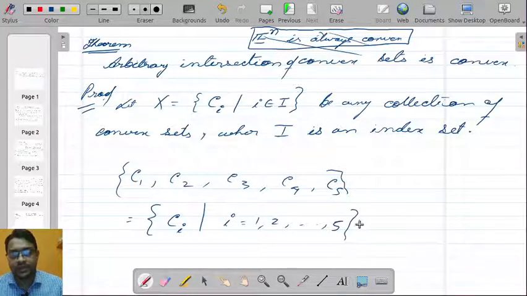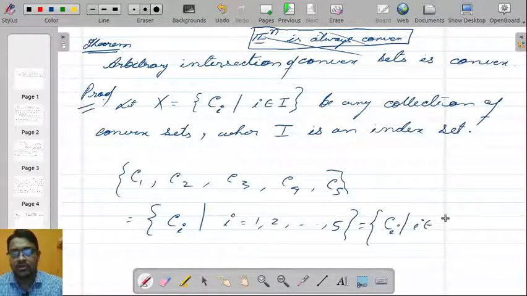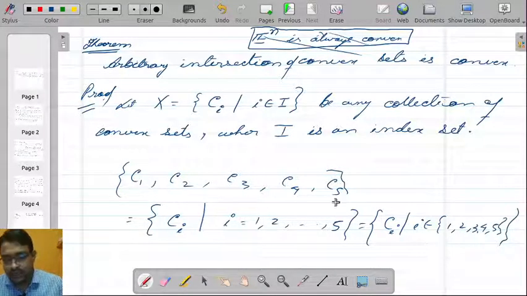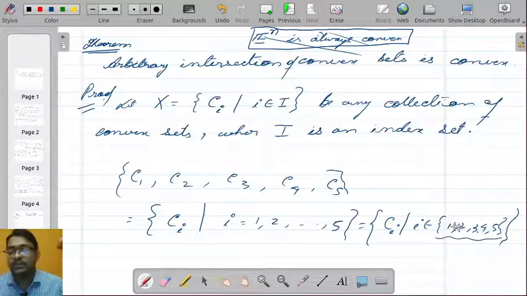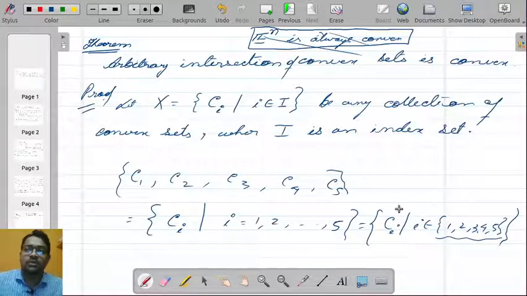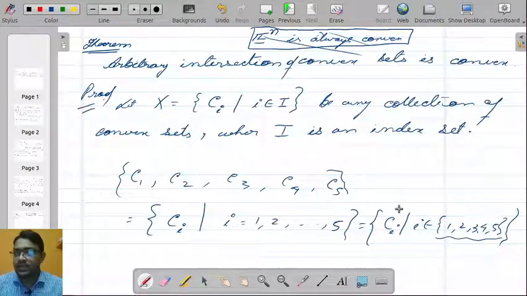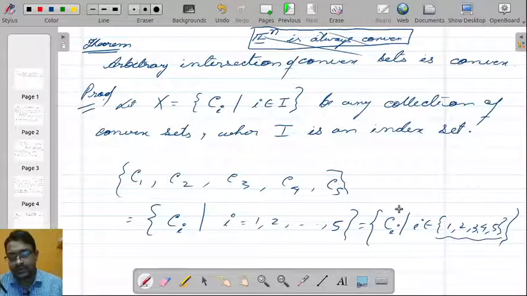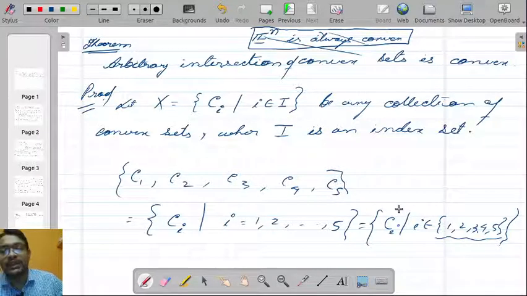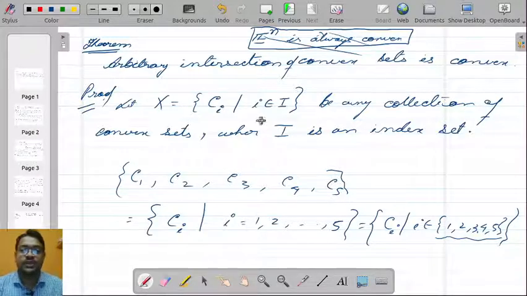Or we can write Ci such that i belongs to the set {1, 2, 3, 4, 5}. For this particular collection, this {1, 2, 3, 4, 5} is an index set. We are denoting the sets one by one by labeling them using 1, 2, 3, 4, 5.